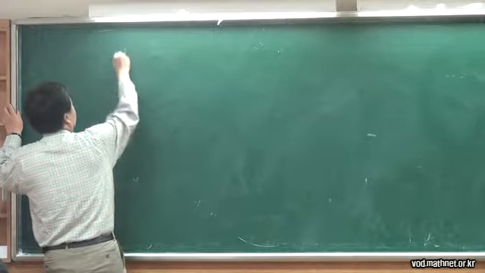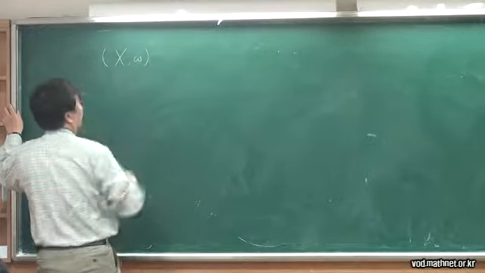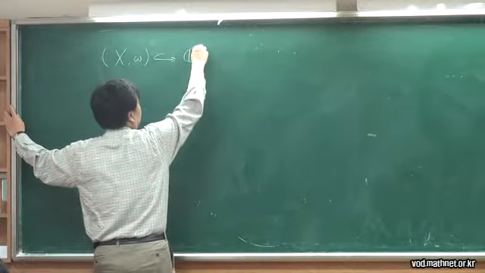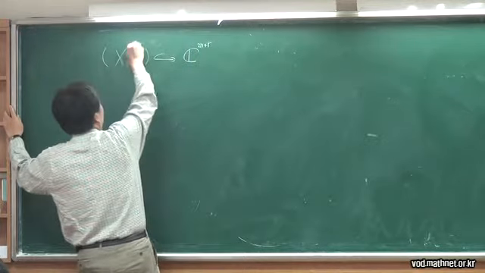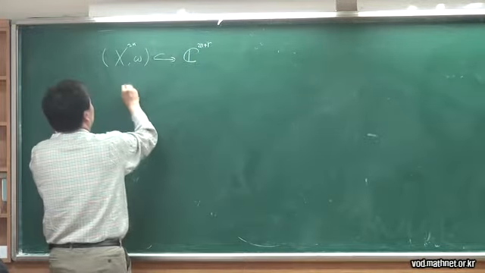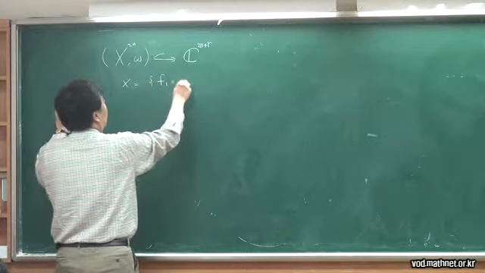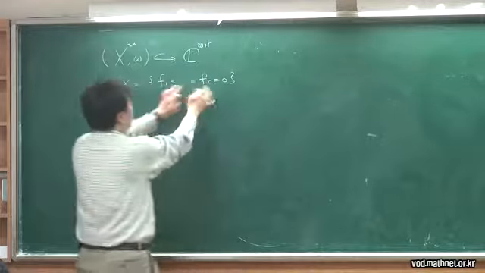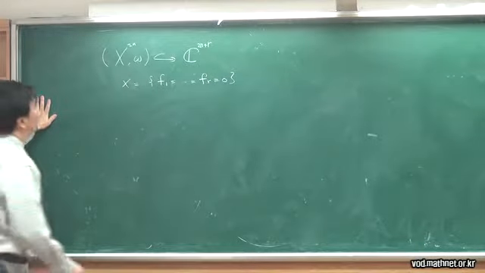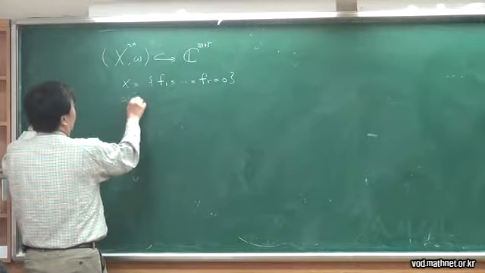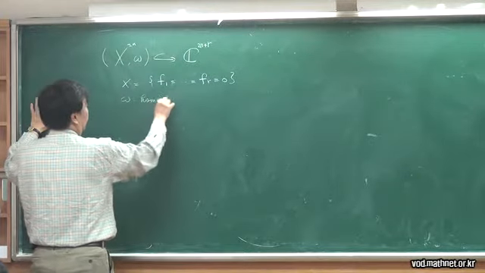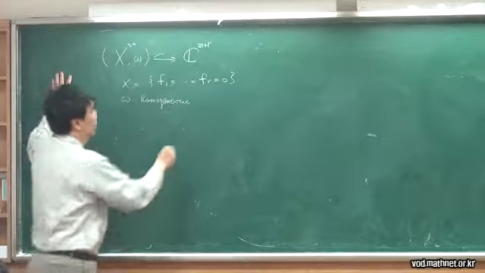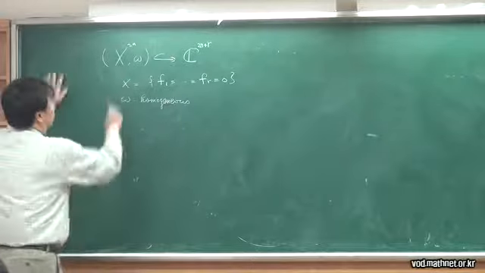Let (X, omega) be a symplectic variety defined as a complete intersection of homogeneous polynomials f1 to fr, and omega is homogeneous with respect to the natural C* action, the scalar action on X.